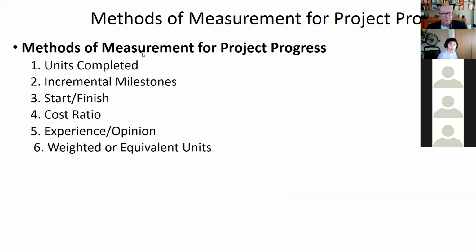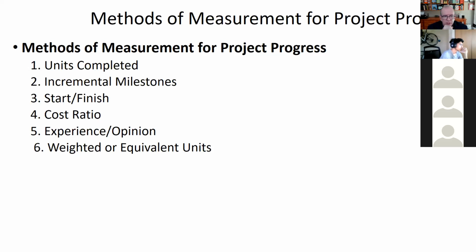So 5A is kind of just different ways that we can measure project progress, 6 different ways. The thing to think about is that we might be measuring it for different purposes. One, we might be measuring it to get paid based on what we call the schedule of values.